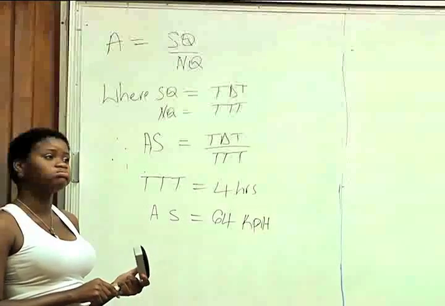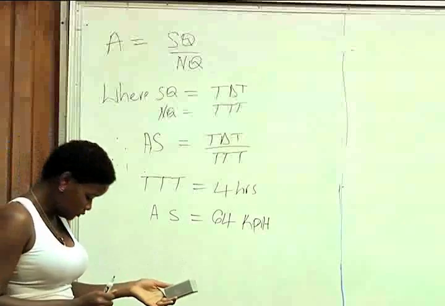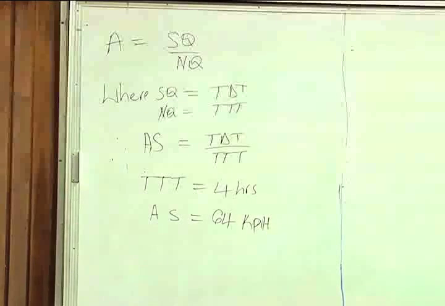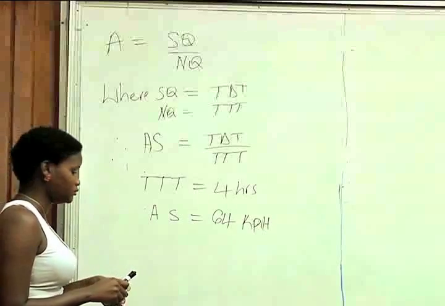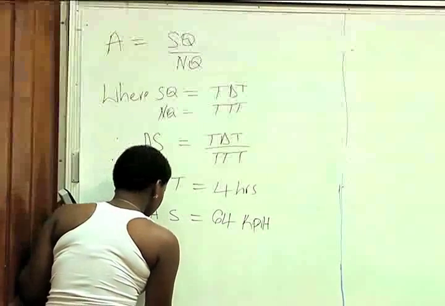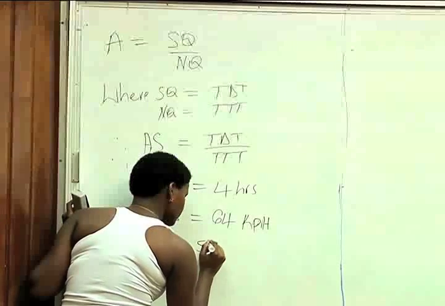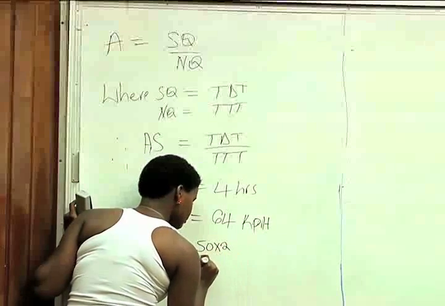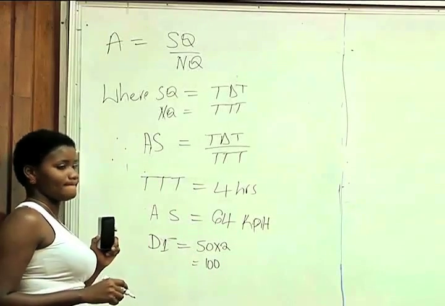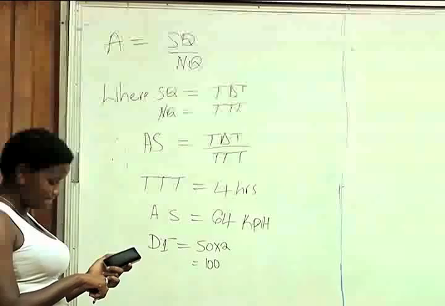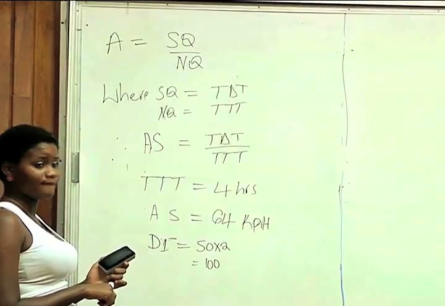So if you travel for 2 hours at 50 kilometers per hour, how much distance do you travel? 2 times 50. So distance 1, D1, equals, because distance is equal to average speed times hours traveled, not true? The average speed is 50 and the hours traveled is 2.